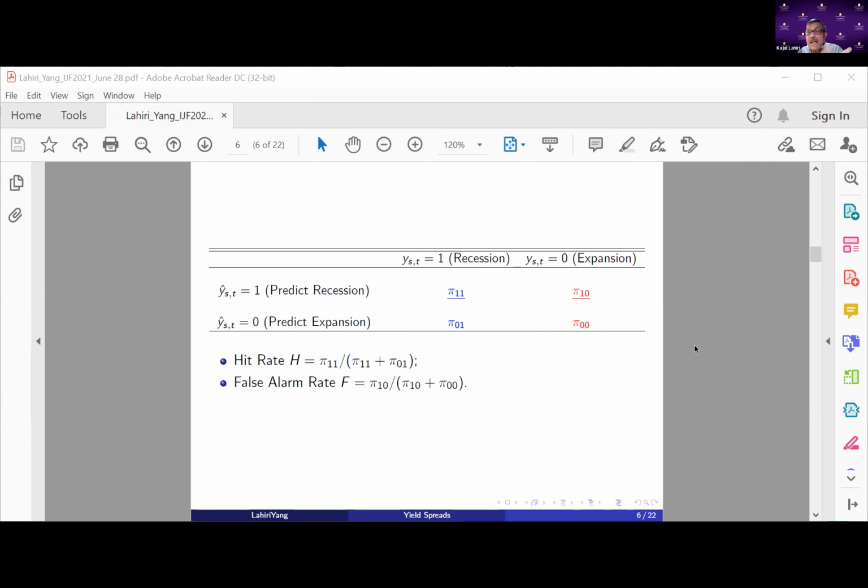So these are quite different depending on the context. A lot of this literature dealt with weather forecasting and medical imaging. You are trying to get disease recognition, right? So there, the missed signals are very costly compared to economic recession. So it depends.